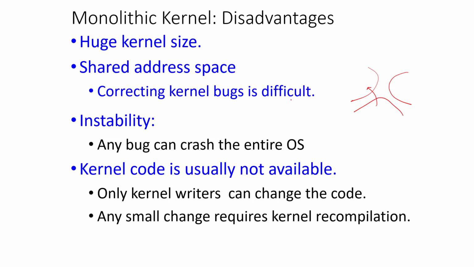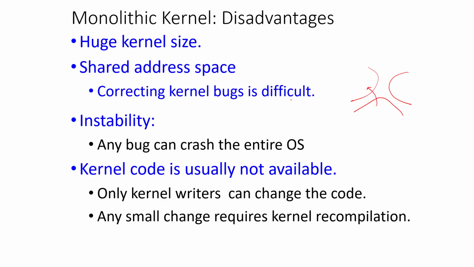So again, monolithic kernels are well understood in the sense the number of behaviors is kind of limited. So in a sense, it's easy to verify. But in another sense, correcting a kernel bug is difficult because it's still one large code base. The separation is not there. So this can lead to some instability, right?